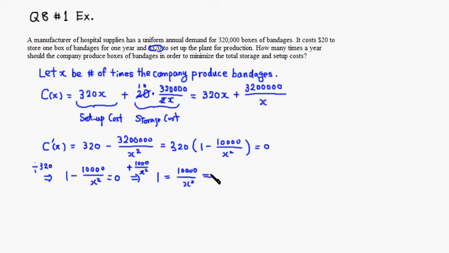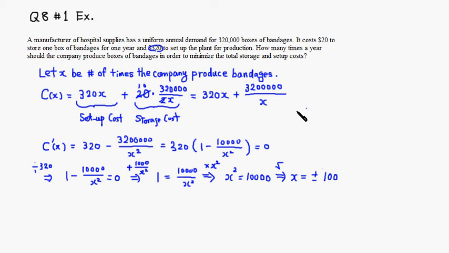Multiply both sides by x squared since I don't like fractions: x squared is equal to 10,000. Take the square root of both sides, and x is plus or minus the square root of 10,000, which is just plus or minus 100.